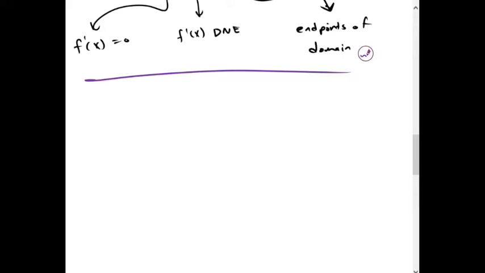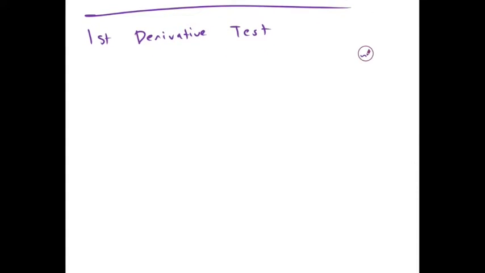So for local extrema, we have two tests. We have a first derivative test. With the first derivative test, we find f prime of x and locate where f prime of x equals 0, and also where f prime doesn't exist.